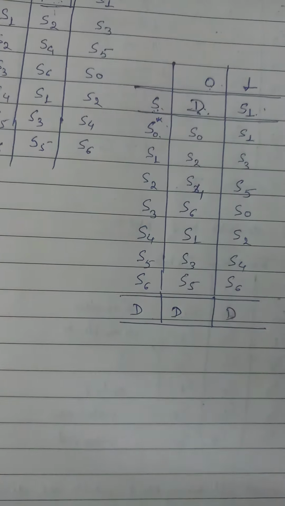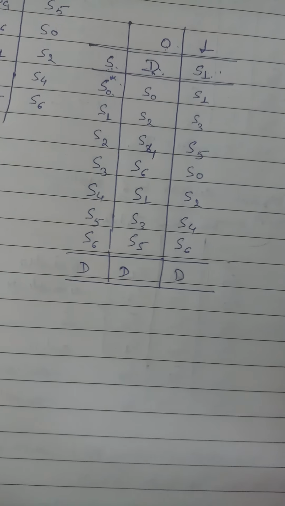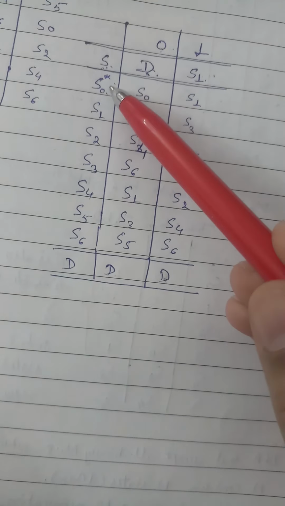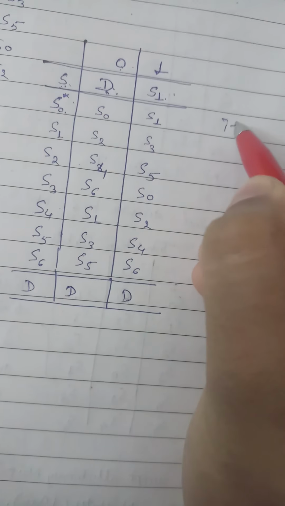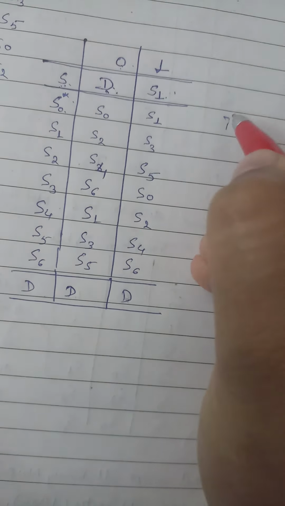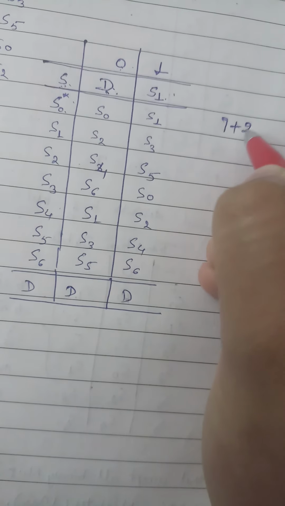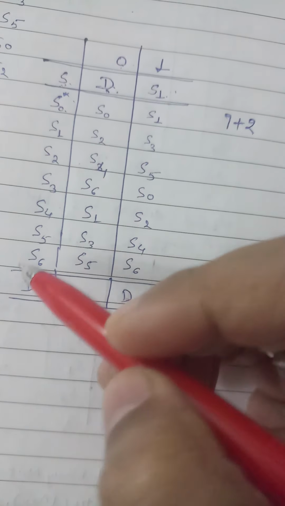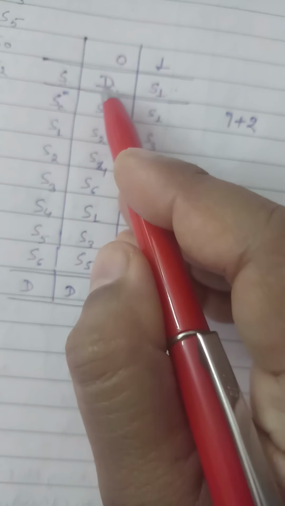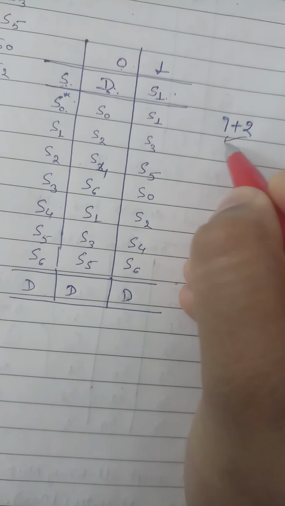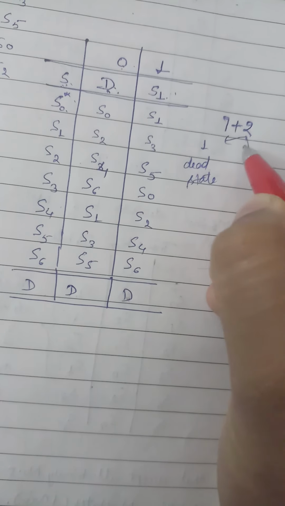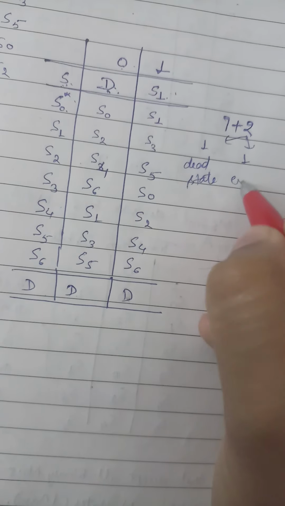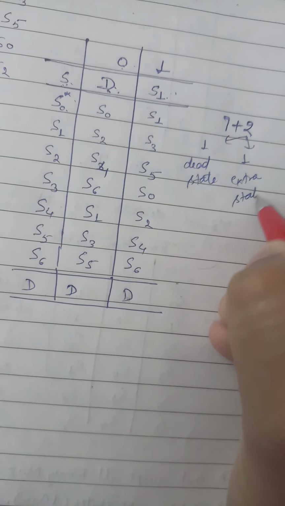So how many states do we have? 1 2 3 4 5 6 7. 7 plus 2. 7 states are these, and 2 states are these: one is the dead state and one is the extra state.